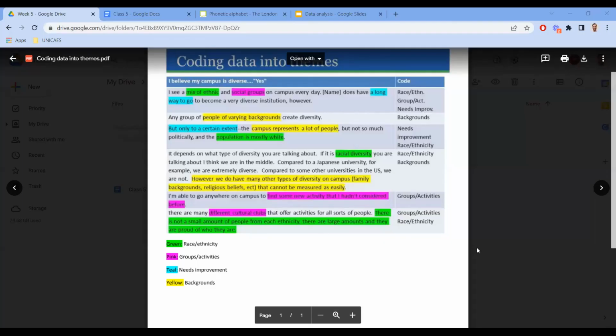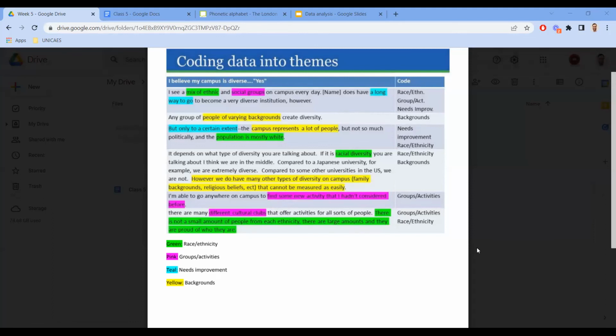For example, if we have an interview, it's going to be difficult to interview a big amount of students, for example 20 or 19 students, in order to code the data. So is there a way or a possibility to select just some students from the total of the population?